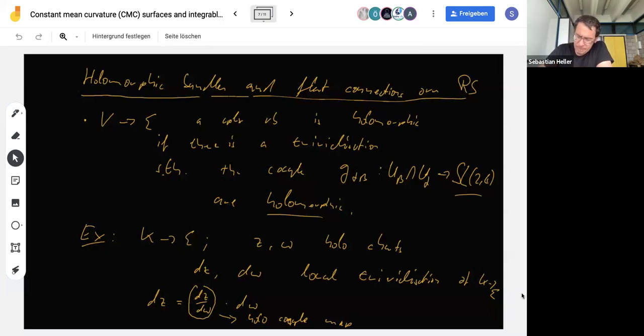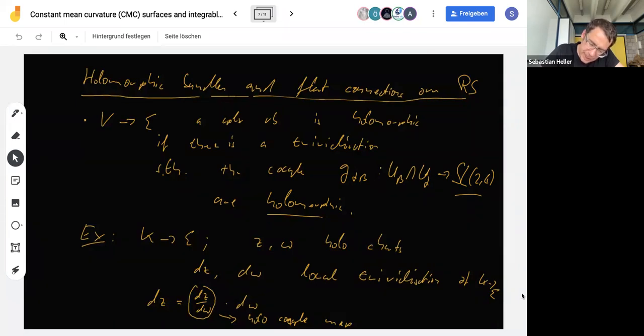Okay, so if we have a holomorphic vector bundle over a Riemann surface, and if we have a subset U, which should be open, then we get the space of holomorphic sections in this holomorphic bundle.